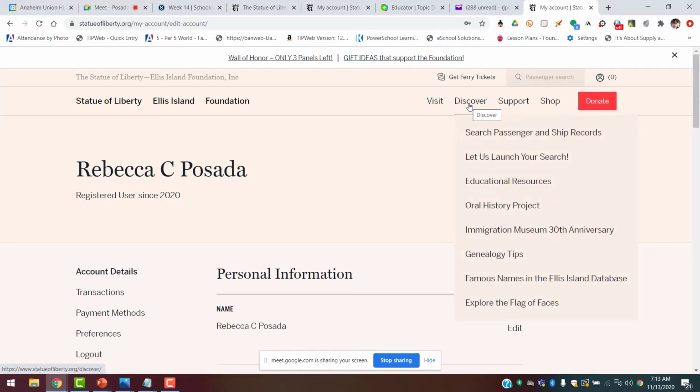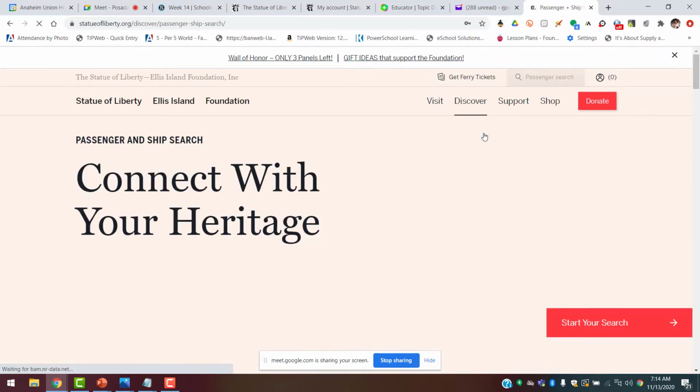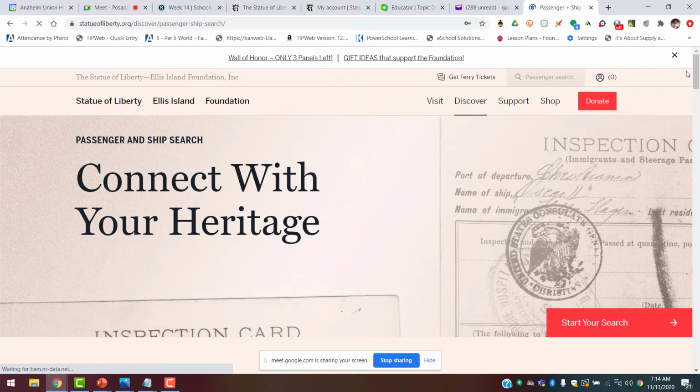And there's all kinds of really cool pictures and stories, video clips, etc., that you can find by looking at this. But what you're going to do is start searching passenger information. And when you start searching passenger information, you're going to find an entire plethora of information related to someone.